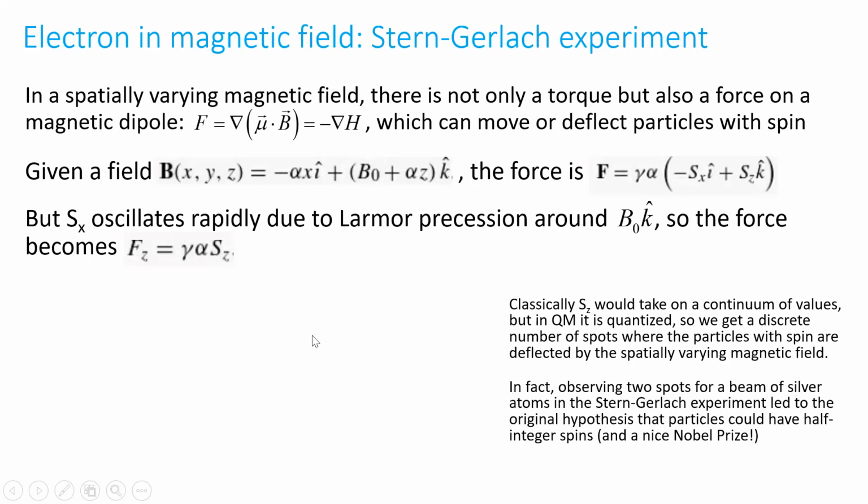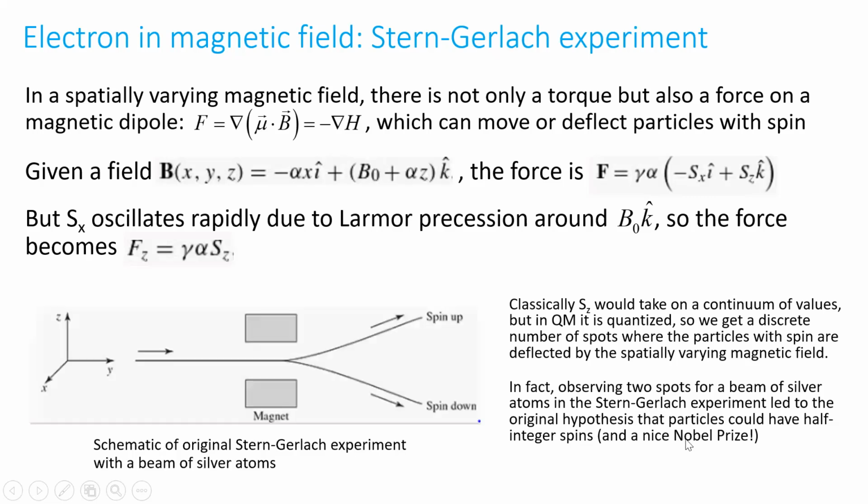So observing 2 spots instead of a smear, for a beam of silver atoms in what was called the Stern-Gerlach experiment in the 1920s, led to the original idea that particles could have half-integer spins. It was originally an experiment that suggested, because of these 2 spots, that there were 2 possible values for SZ, and therefore it was a half-integer spin. And this gave Stern and Gerlach a nice Nobel Prize.